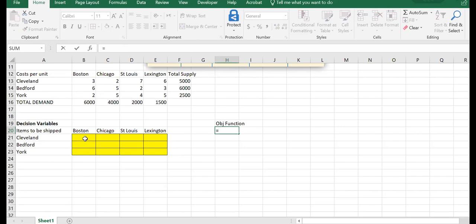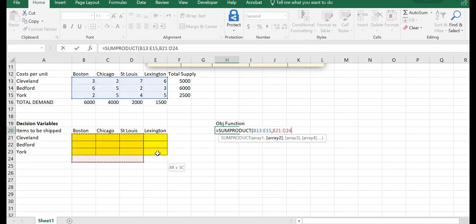So 3 times this cell is going to give us the total cost of shipments from Cleveland to Boston. Plus 6 times X21 plus 2 times X31. But I'm just going to use the sumproduct function, with the per unit cost and the decision variables.